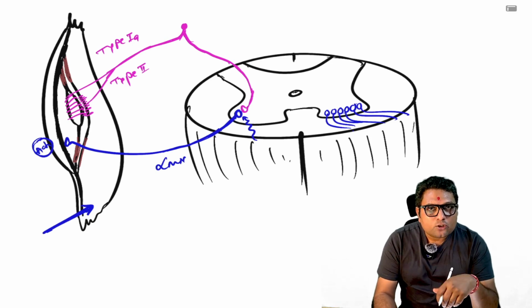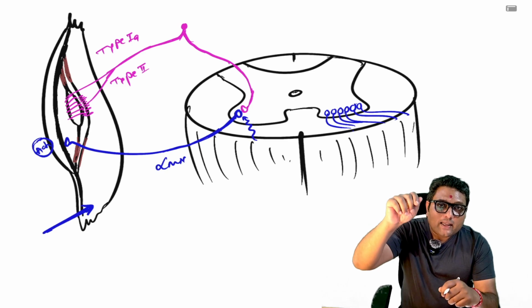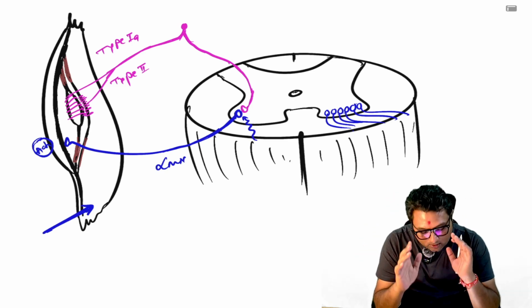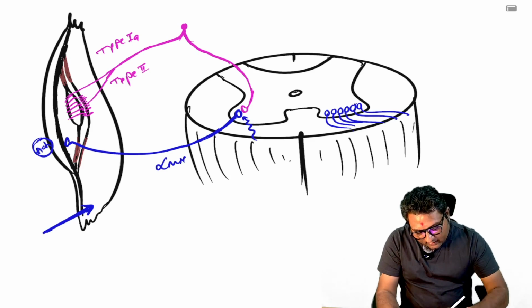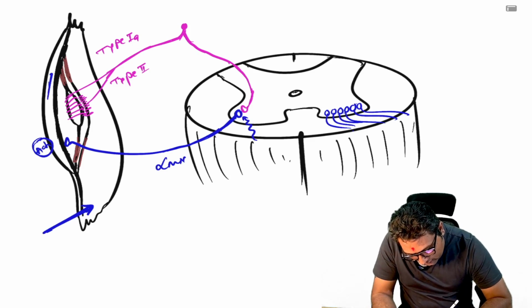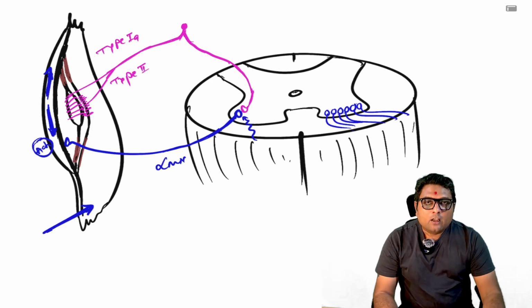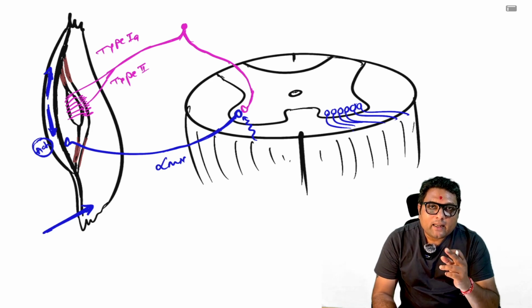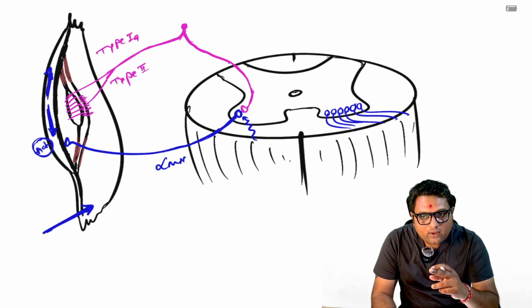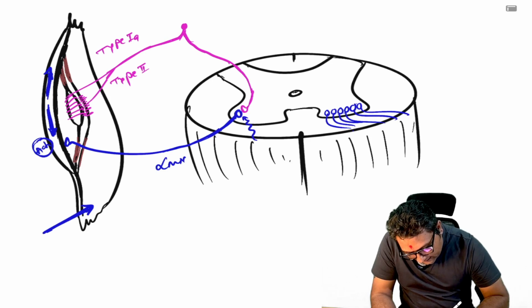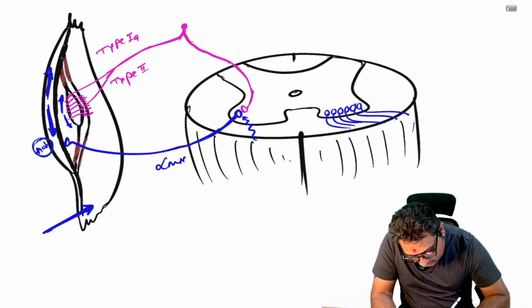That striking leads to stretching, or increase in length, of the muscle. When we strike the tendon, that leads to stretching of the extrafusal fibers. Striking leads to increase in length of extrafusal fibers, and when the length of the extrafusal fibers increases, that leads to stretching of the intrafusal fibers.